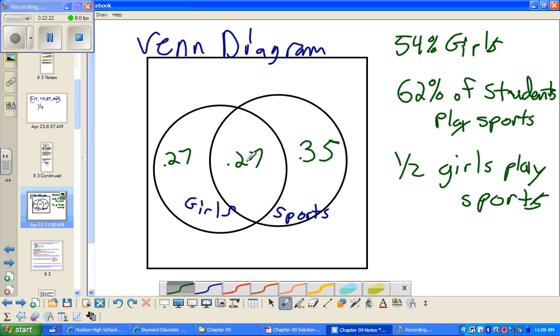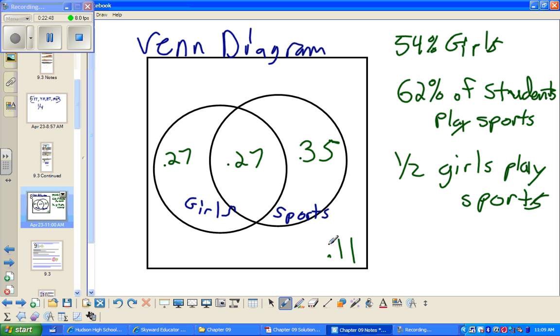If you add all those up, that equals 0.89, which means 0.11 would have to be the space outside of the circles, and that would represent the boys that don't play sports, because in here we've got boys that play sports. Here we've got all the girls, girls that play sports and girls that don't play sports. So this would have to be boys, and then the boys that don't play sports out here.